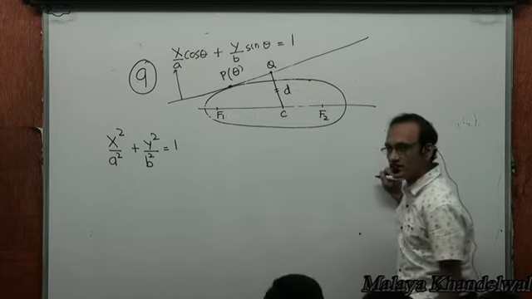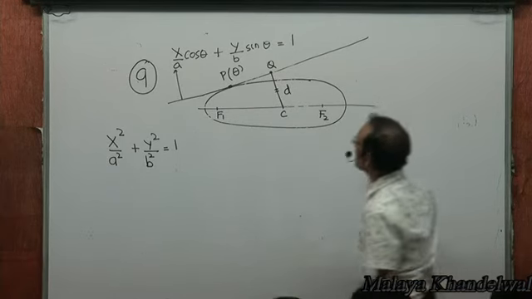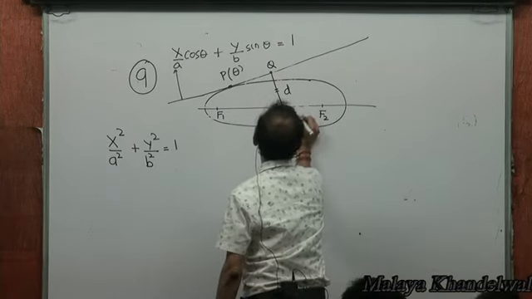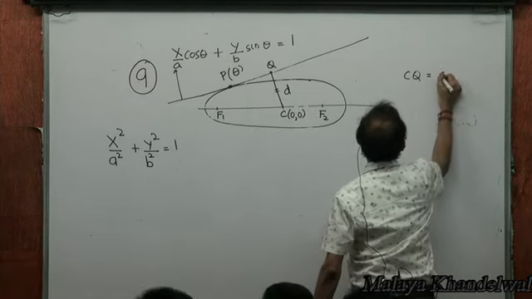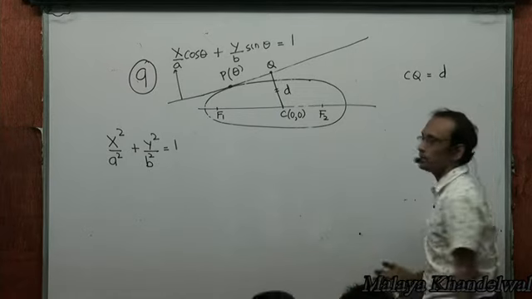It's given that CQ is d. The perpendicular distance from the center 0, 0 to the tangent is d. CQ is d, right?